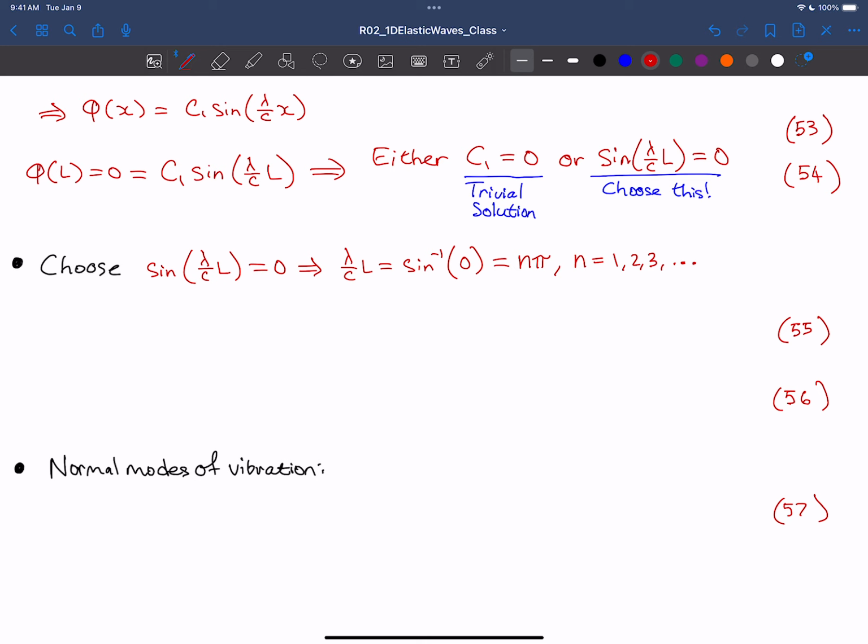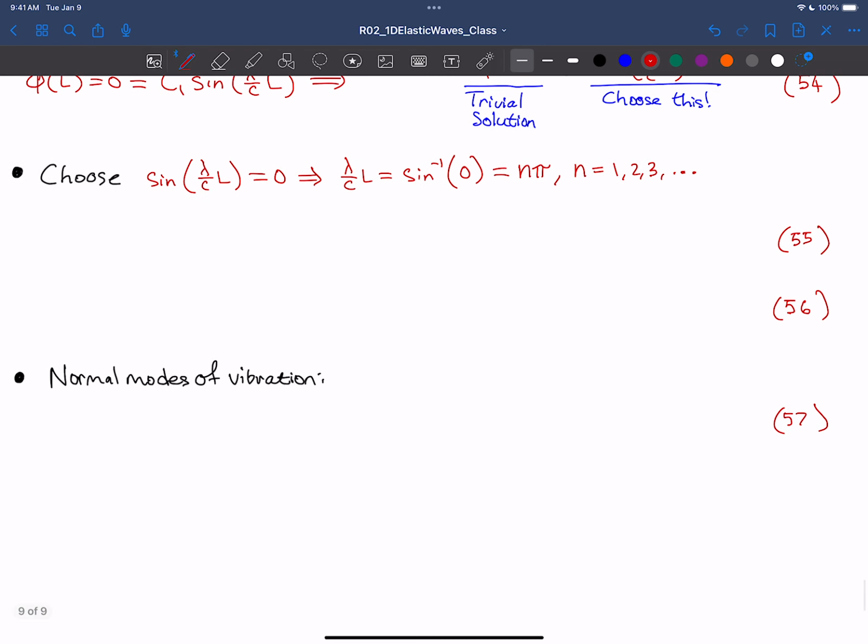Okay, so we can now solve for lambda, and we find that lambda must be equal to n pi times c divided by L, where n here is equal to 1, 2, 3, dot, dot, dot. So what this now tells us is that, first of all, lambda has infinite values, so we can say lambda n instead, and that means that phi also has infinite solutions.